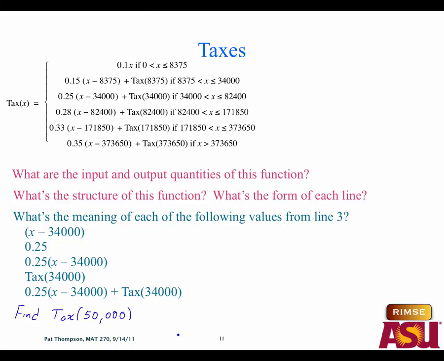So you make 34,000. That's your input. So tax evaluated at that. Okay. Well, it has to be.